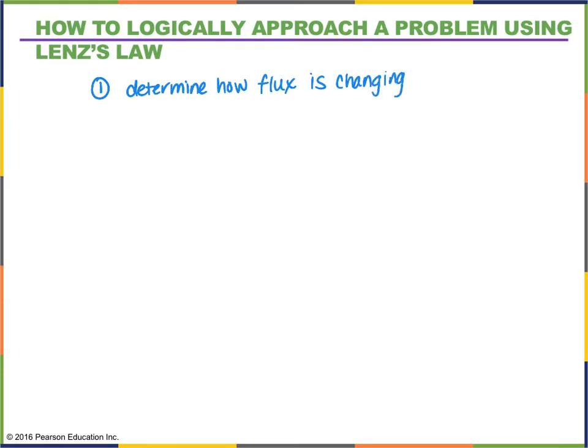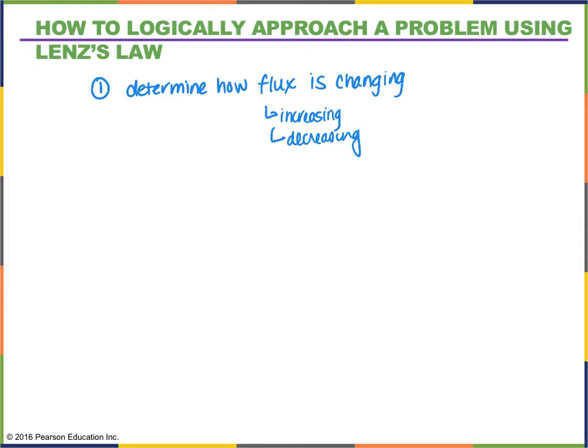Remember, the flux could be increasing and it could be decreasing. Those are basically our two possibilities, but we should understand how it's changing and what's causing it to change.